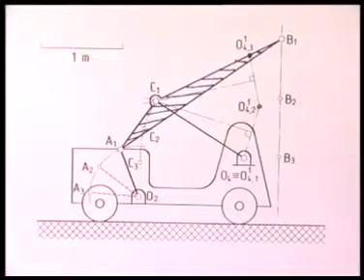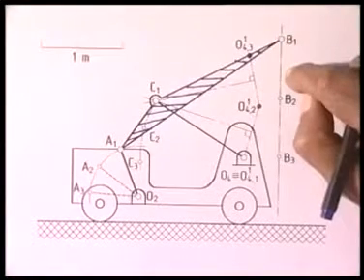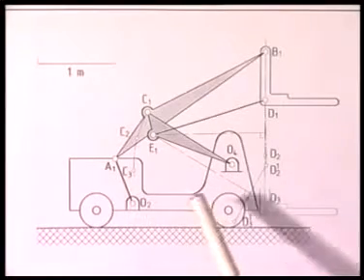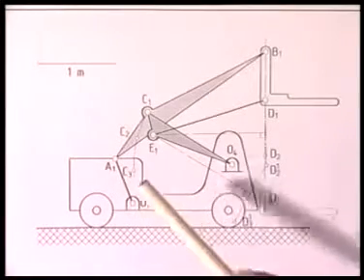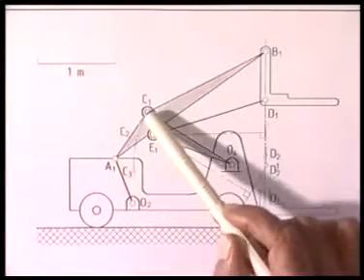In the third stage, I will convert this to a 6-link mechanism such that BD, which is not seen here, will be my fork of the lifter. So at the end of the second stage of the synthesis, we have determined A1, C1.